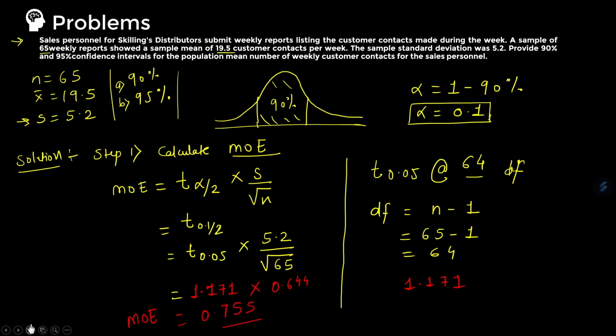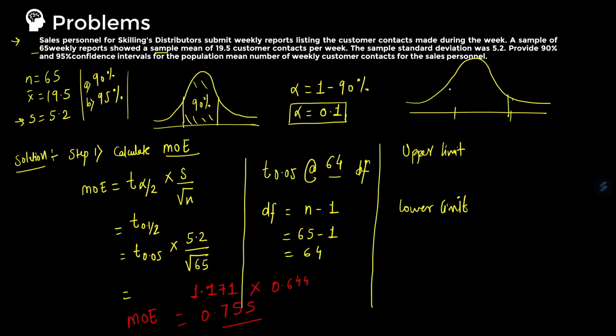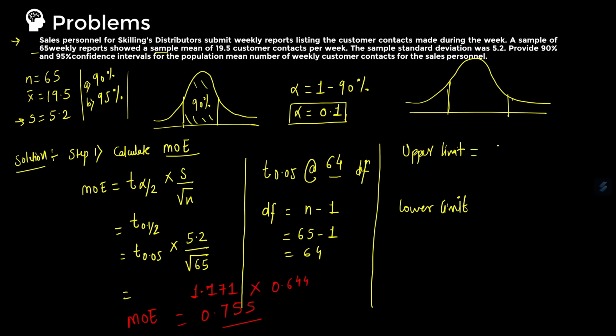Okay, so the last step is to calculate upper limit and lower limit. This is our range, right? So normal distribution curve. So to calculate upper limit, what we do is x bar plus margin of error, and in lower limit x bar minus margin of error.